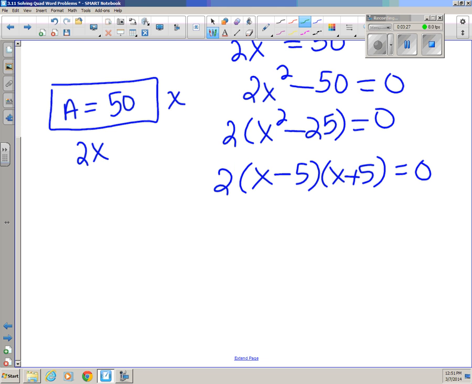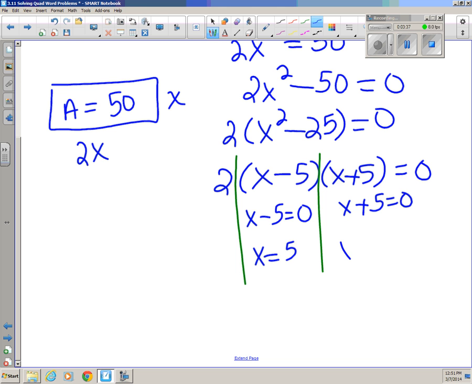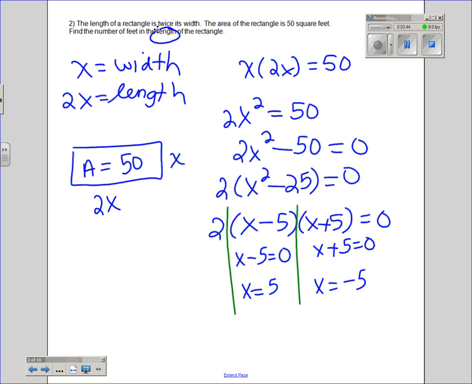Drop my walls. The GCF is irrelevant because there's nothing to solve for there. But x minus 5 equal to 0. Add 5 to both sides. x is 5. x plus 5 is equal to 0. Subtract 5 from both sides, and x is negative 5. So the question says, find the length of the rectangle. Which one of these won't make any sense to use as a measure?